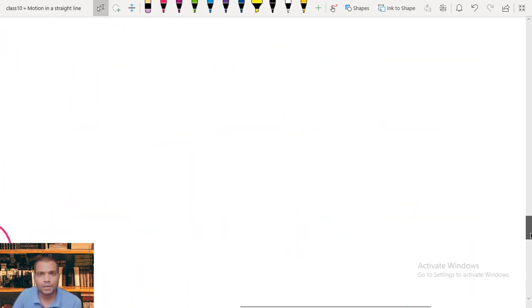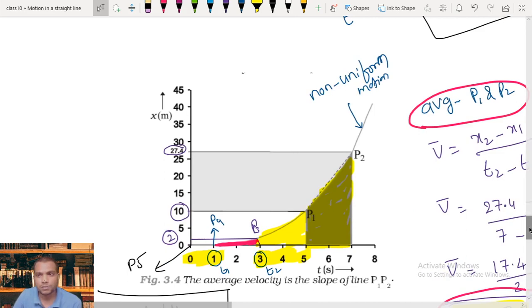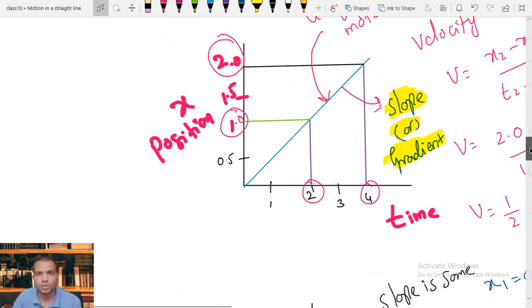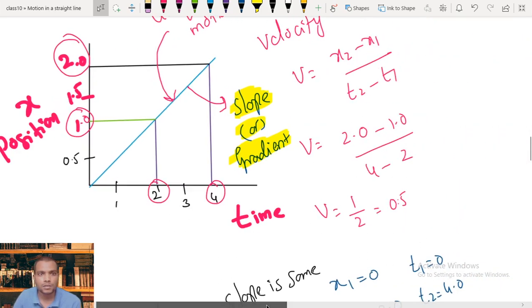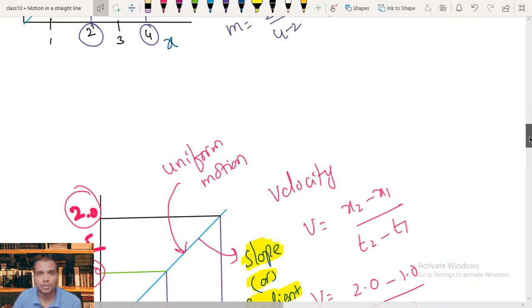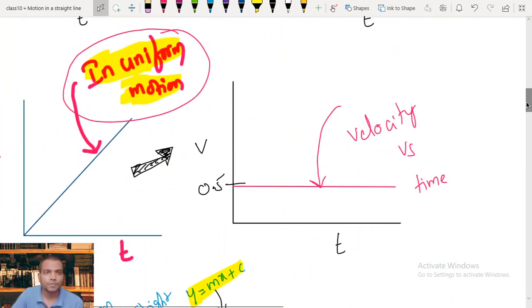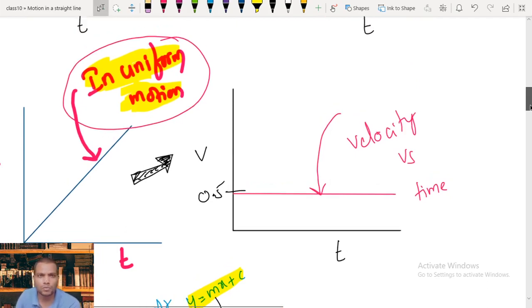Likewise, if we go ahead with uniform motion, if this is uniform motion, the velocity versus time graph is just a straight line, because uniform motion has constant slope.